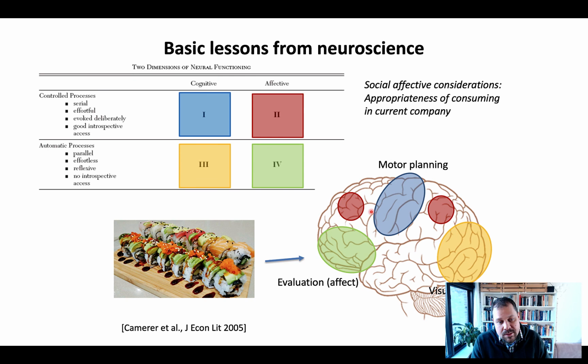And even, and that's one of the questions that's still open, maybe via top-down influences also influencing how I perceive things. So if I evaluate something differently because of the social context that I'm in, then this might actually influence the evaluation aspect here, which then also might influence how I perceive it. So maybe I don't see the colors as brightly anymore. I don't evaluate it as so positive anymore.